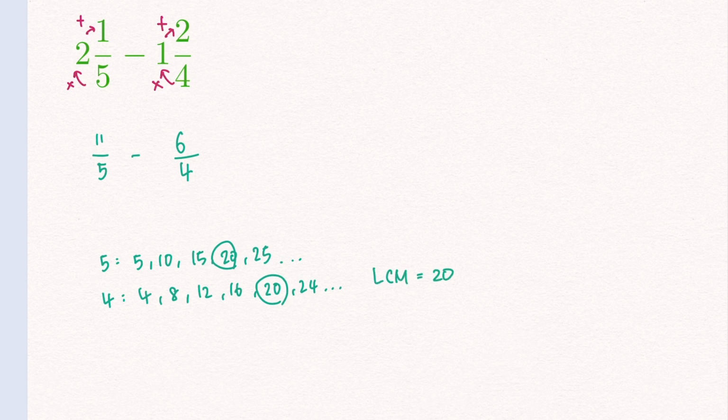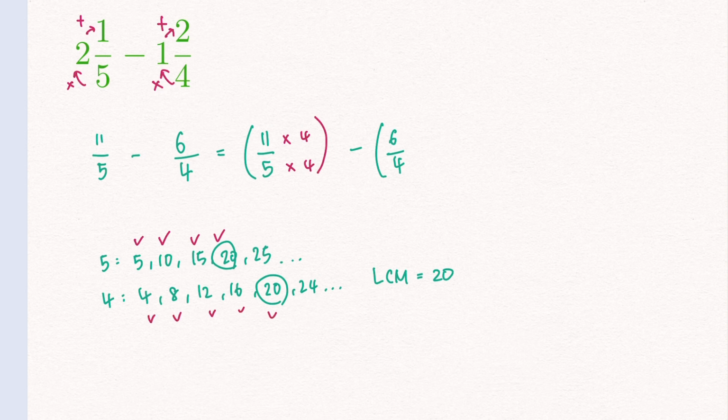So we will convert the 5 and the 4 so that it becomes 20. To do that, we will get the first fraction of 11 over 5 and times both by 4, because 5 times 4 equals 20. Then your second fraction, 6 over 4. And to get to 20, we have to times it by 5.